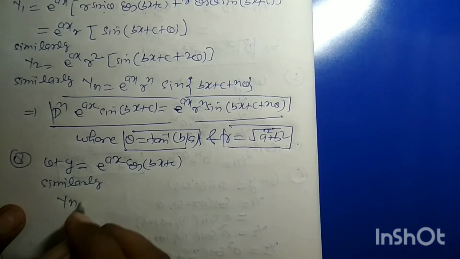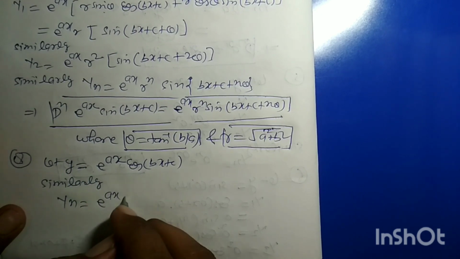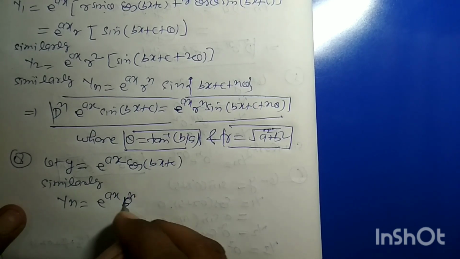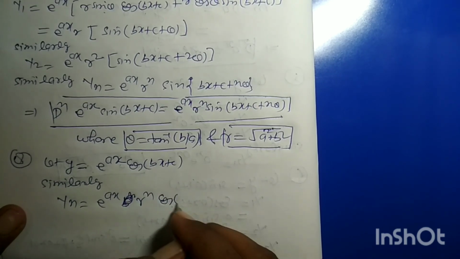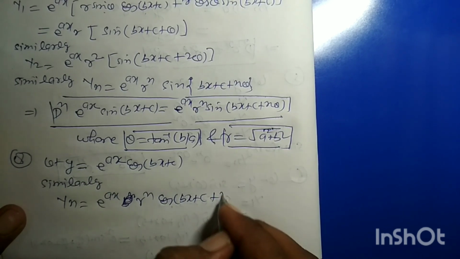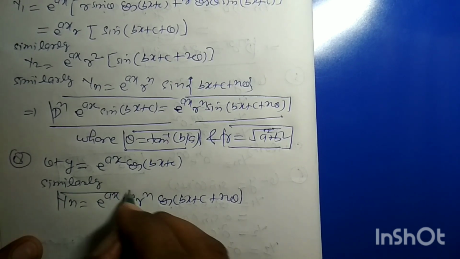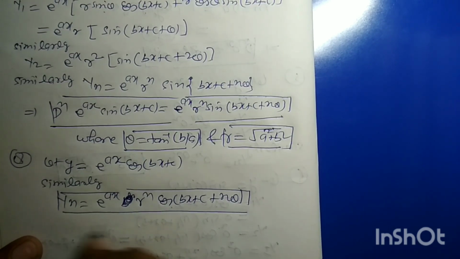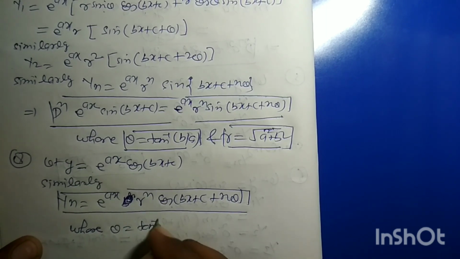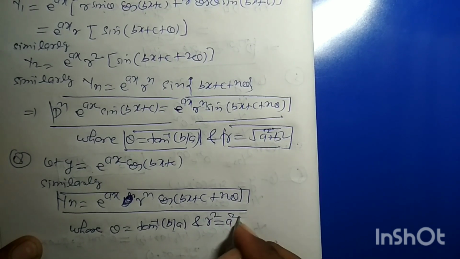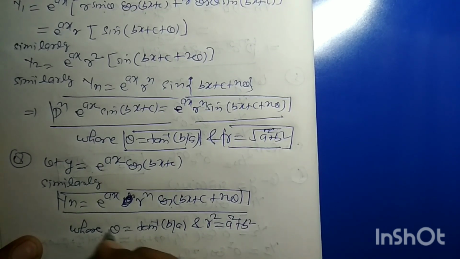Similarly, we can write the nth derivative yn equal to e^(ax) r^n cos(bx + c + n theta), where theta is equal to tan inverse of b upon a and r square equal to a square plus b square.